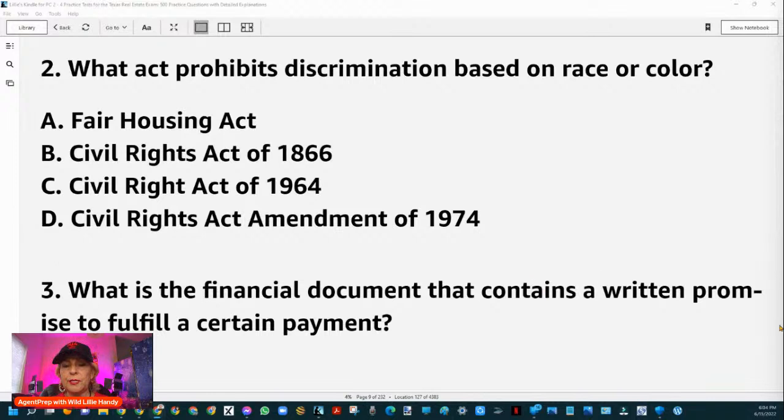So type your answer in the chat because we're going to move a little bit faster today. I want to cover more questions for you. So when did the prohibition based on race or color begin? Hi, Lisbeth.